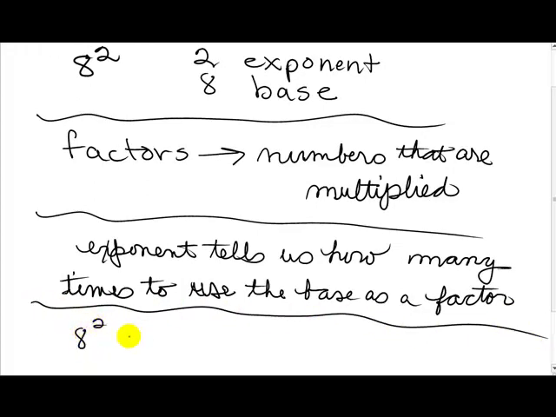So 8 squared is going to be 8 times 8, which would equal 64.